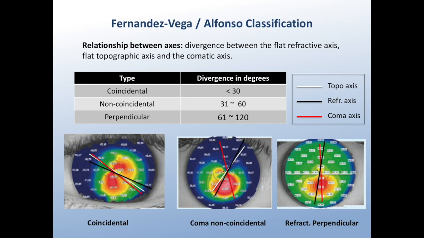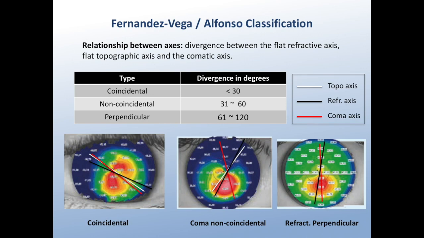The comatic axis may also not be coincident with the topographic and refractive axis, or the comatic axis and the refractive axis are coincident, as often happens, but perpendicular to the topographic axis. Putting this all together, these three axes determine what kind of keratoconus we are going to have.